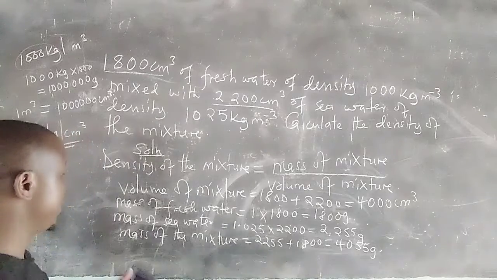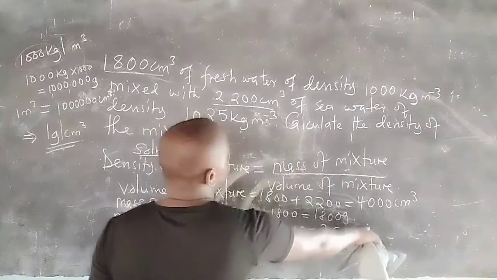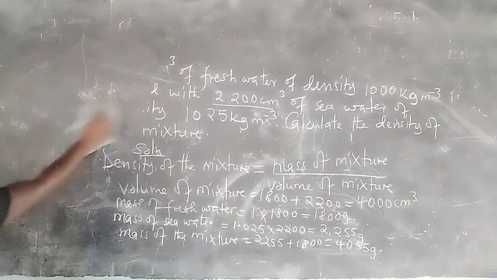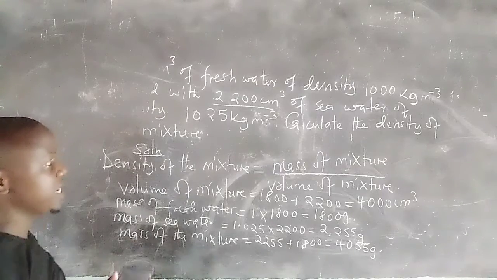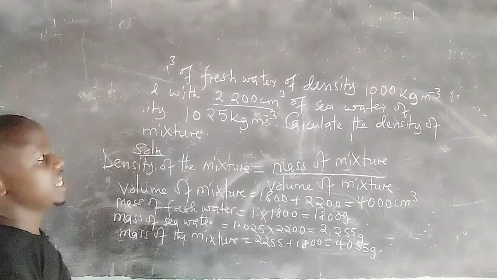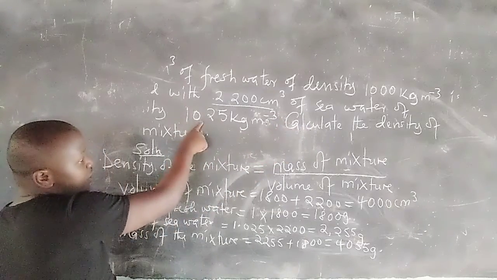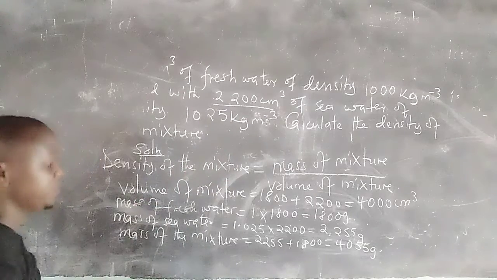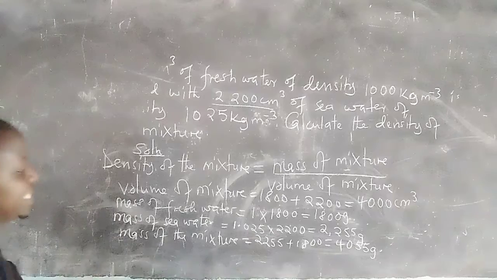Therefore, with the mass of the mixture and the volume of the mixture, we can get density of the mixture. It's assumed that the density of the mixture will be roughly a value between the densities of the components being mixed, 1 gram per cubic centimeter and 1.025 grams per cubic centimeter, which means we will have the density lying in between those two densities.